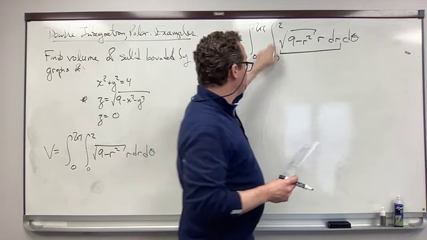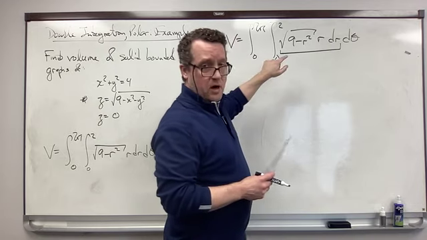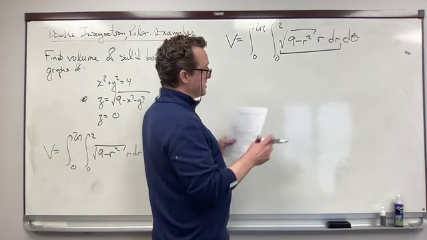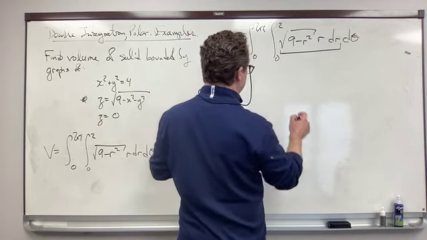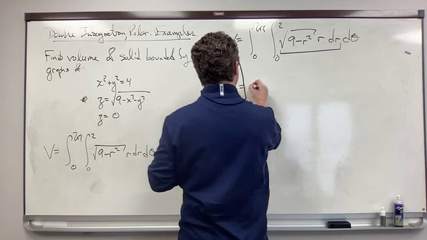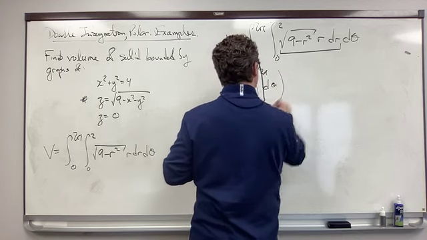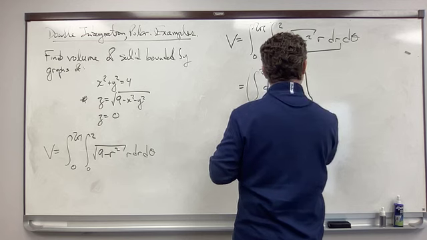The other thing is the limits of integration are not functions of theta. Sometimes they are, but here they're not. So I guess you could think of this a couple ways. We could have changed the order of integration, okay? Or you could say I'm going to take theta right out, but both ways, this integral changes to the product of two integrals.